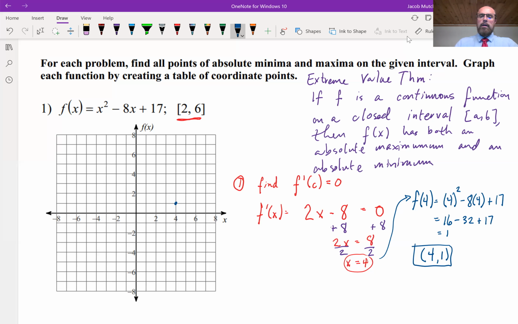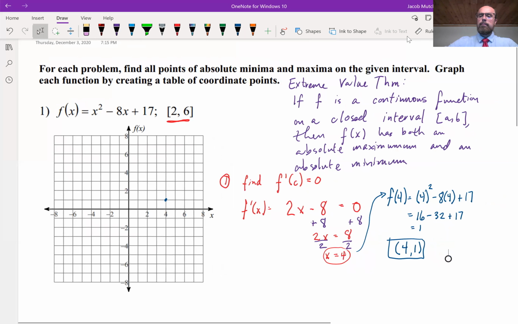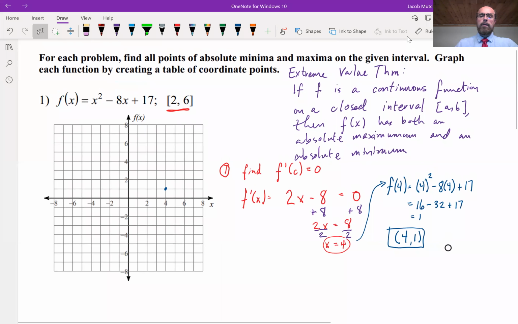So then I want to think about, if that's the inherent extreme point, what about the endpoint? So we're really considering this function on a closed interval, specifically from 2 to 6. So my second step is I want to identify the coordinates of the endpoints.